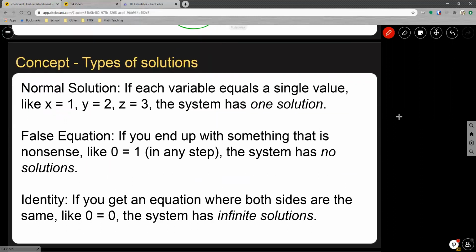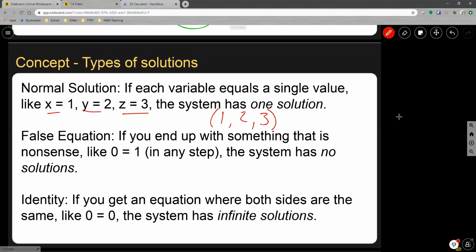And then our solution types, we have what's called a normal solution. So if each variable equals a singular value, like if x equals 1, y equals 2, and z equals 3, then I would have a solution like we saw above, where the system has one solution.